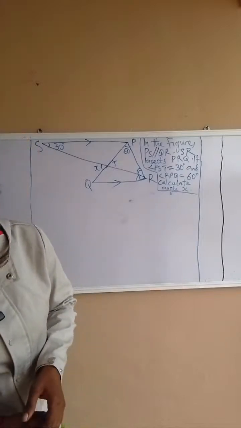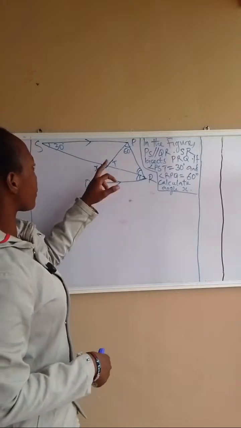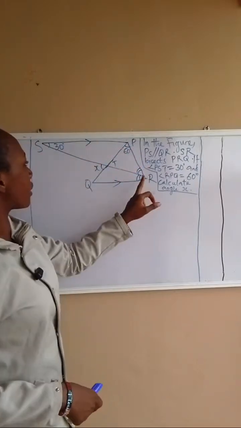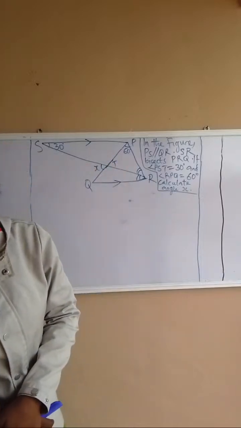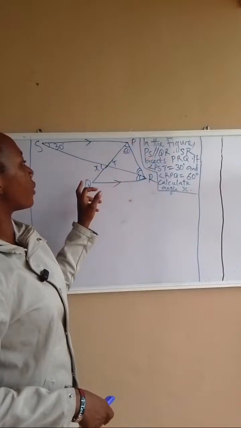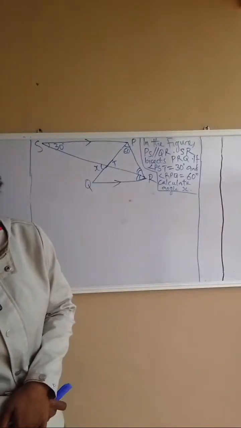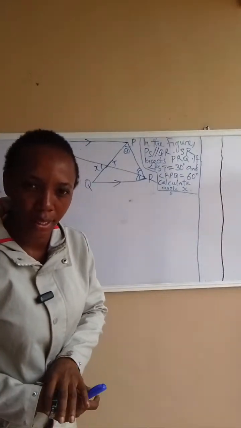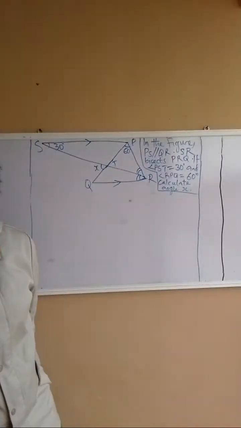Bisects angle R. If angle PST is what? 30 degrees, and angle RPQ 60 degrees. Calculate angle X. I think I'll solve it. Let me solve it.